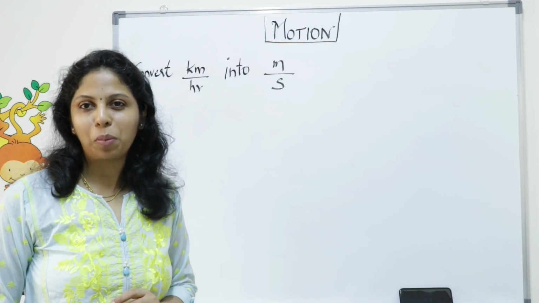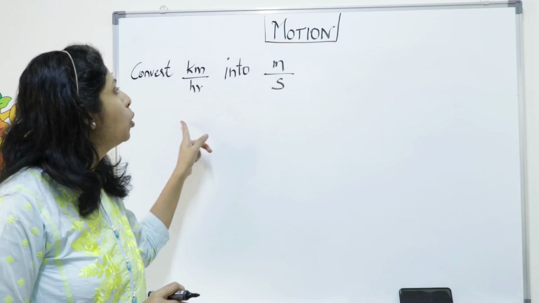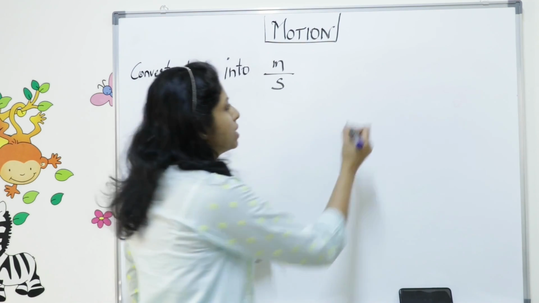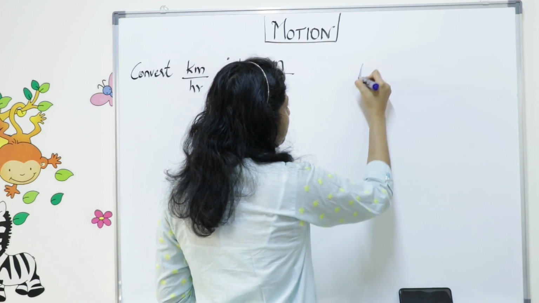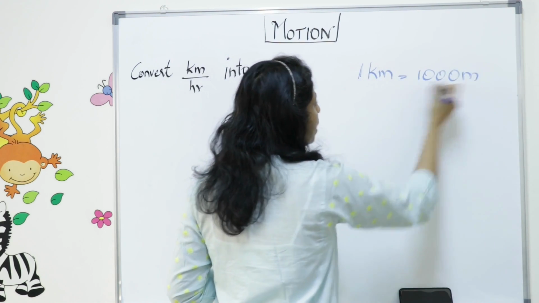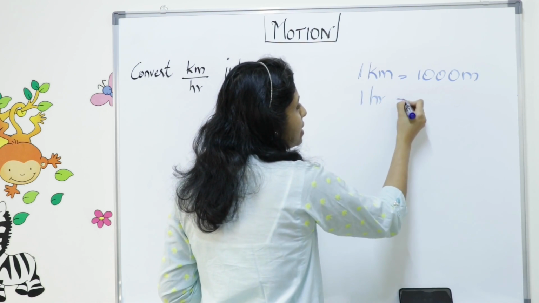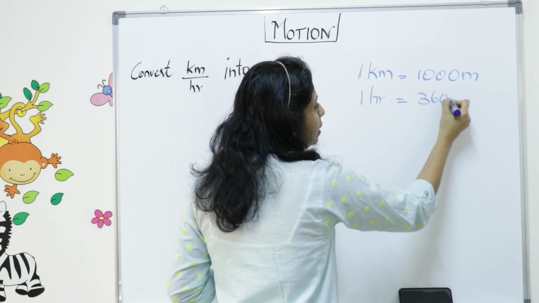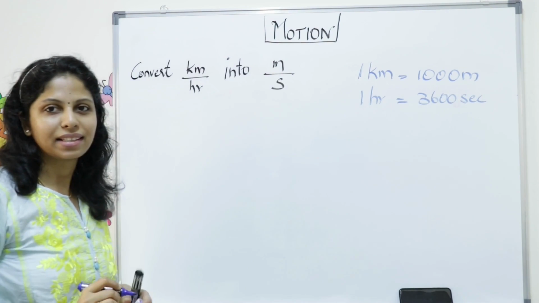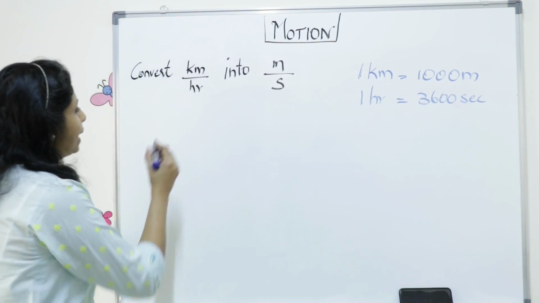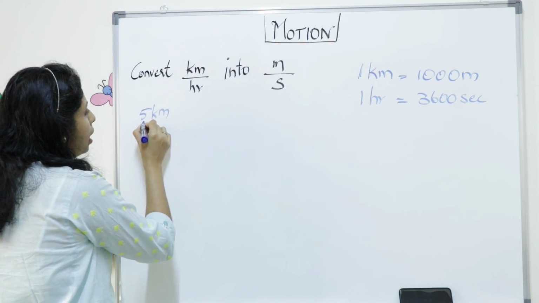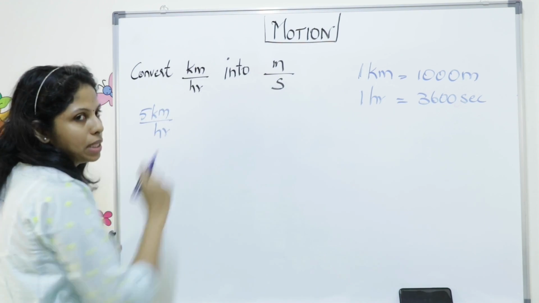Before going to the next problem, let us see how to convert kilometer per hour into meter per second. So we know that 1 kilometer is equal to 1000 meters and 1 hour is equal to 3600 seconds. Now let's take an example. Let us convert 5 kilometers per hour into meters per second.